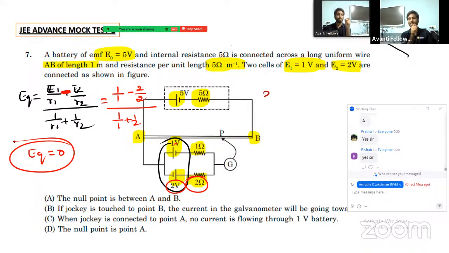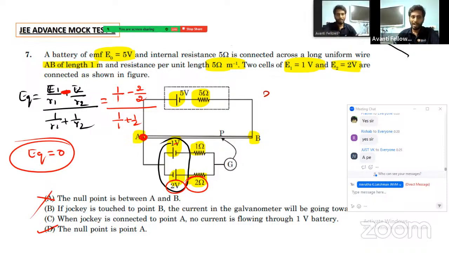Null point कहाँ मिलता है आपको? A and B के बीच में नहीं मिलता है. Yes, exactly right, Vicky. You will get the null point at A. A के point में null point मिलता है. Hence, option A is wrong. A के point में है क्या? Option D में है, देखो, है ना?